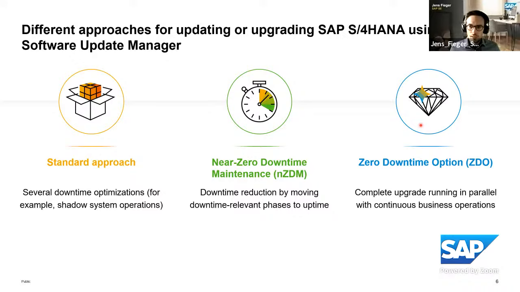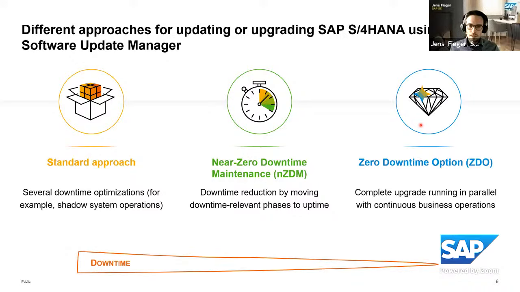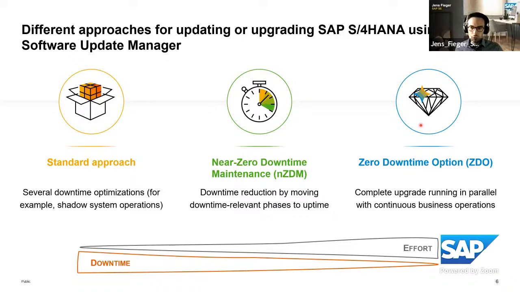ZDO is then, as the name already tells you, right? We have the ultimate goal and aim to move everything that ran in downtime in the past now into uptime. That goes along with a significant reduction of technical downtime, but from a project standpoint, we also see an increase in the effort you have to put in.